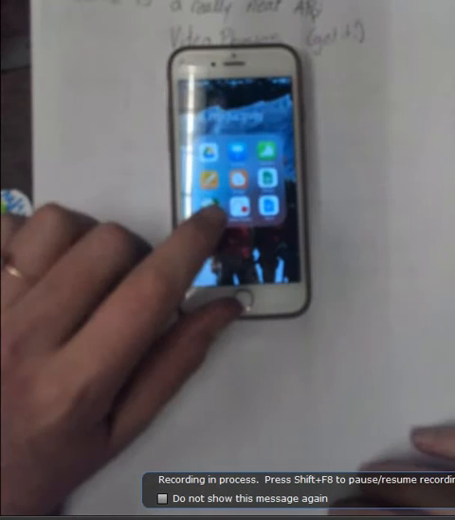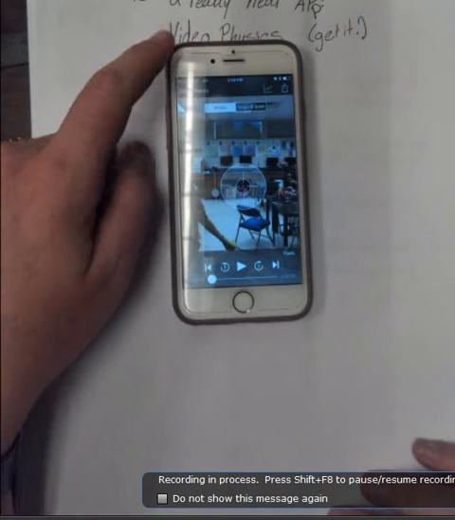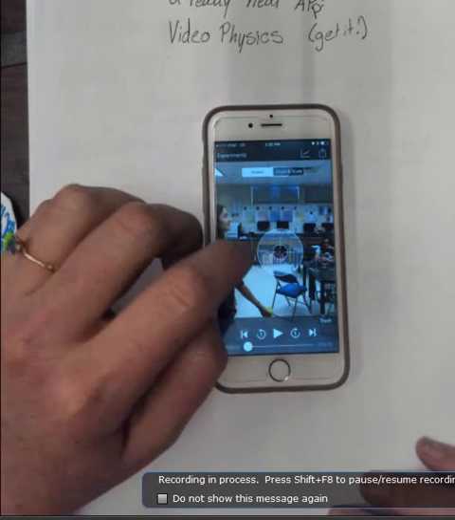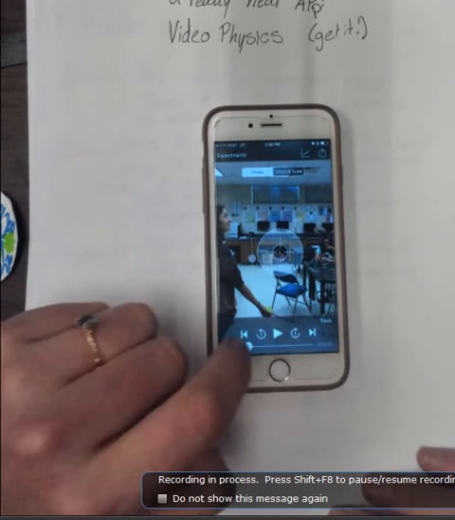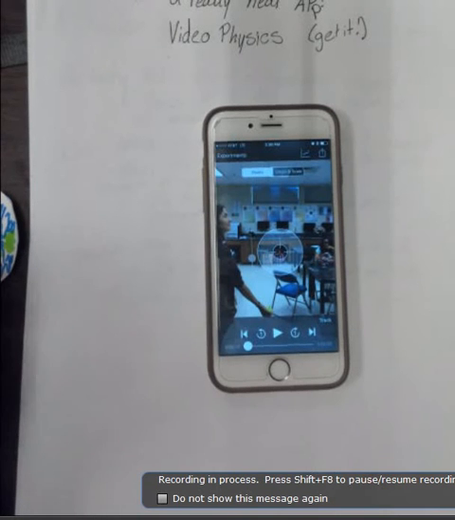All right, here's my Video Physics, and you're going to notice that I already have this particular situation uploaded. You could take a video and analyze it. So we could just play the video that I just showed you. I asked you to think about how the ball's motion changes while it's in your hand.